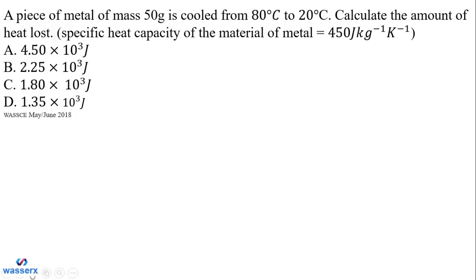Now we can deduce some information from the question to help us solve it. We have the mass to be 50 grams. We can convert this to kilograms by dividing by 1,000 to get 0.05 kilograms.